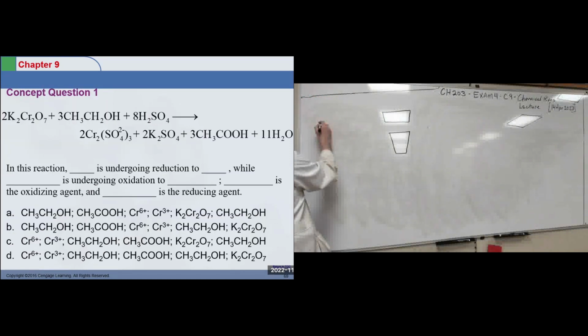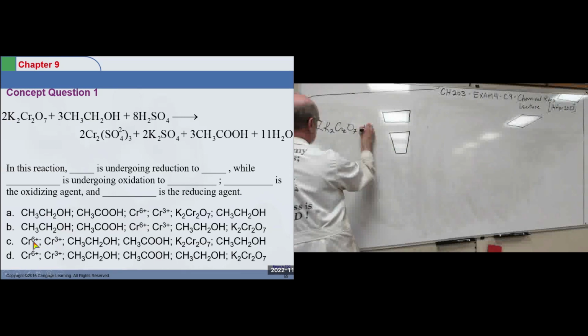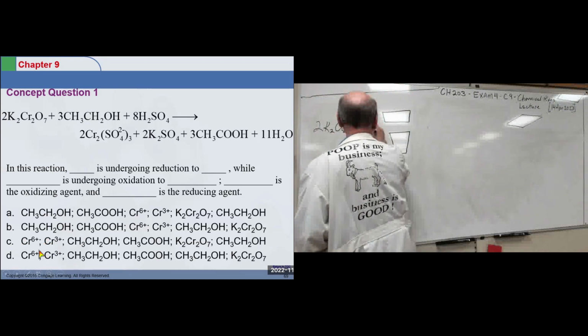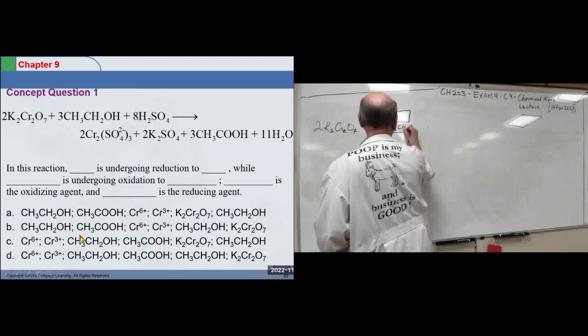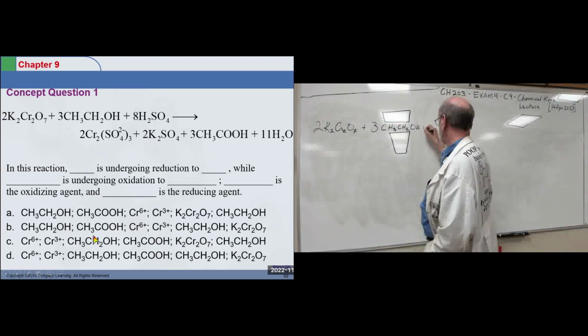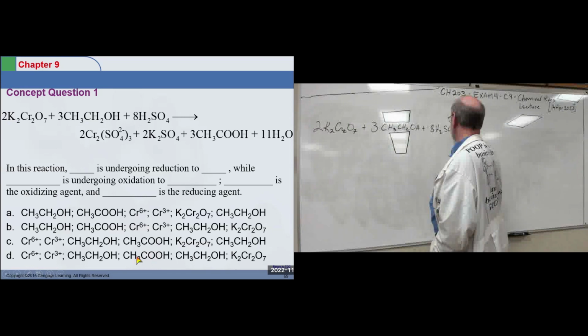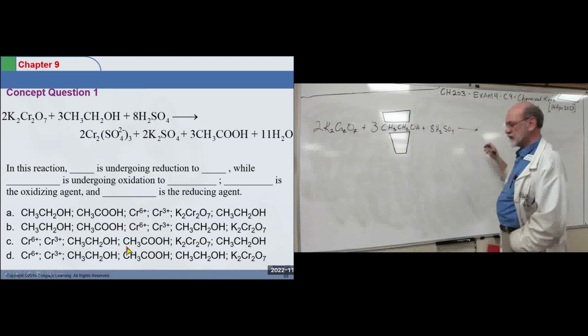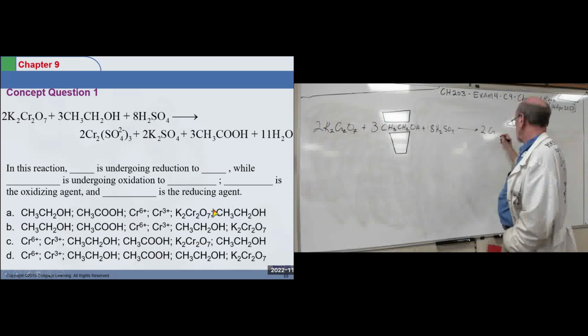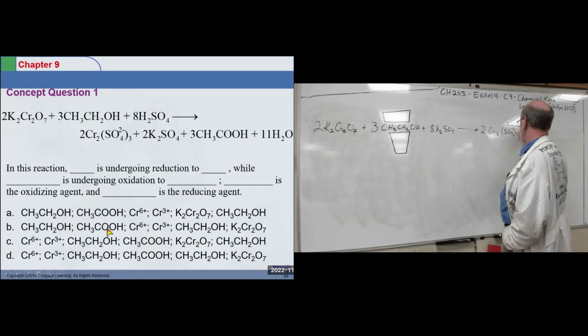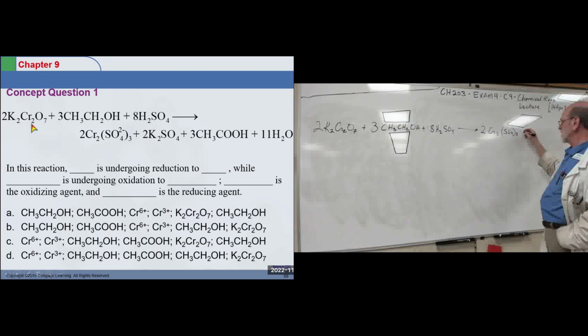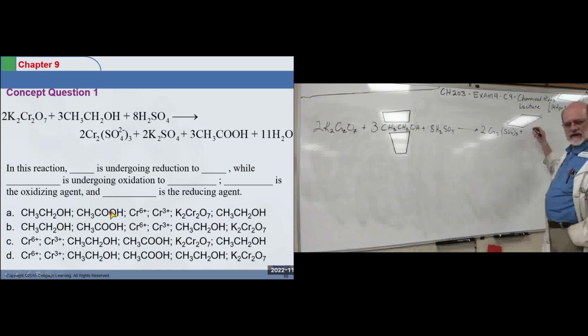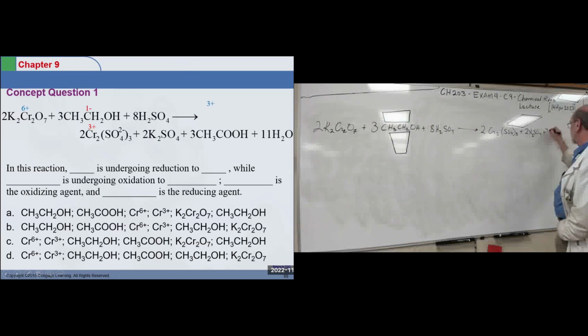Potassium dichromate, plus 3 ethanol, plus 8 H2SO4, and that produces 2 chromium sulfate, plus potassium sulfate, and then 3 CH3COOH.